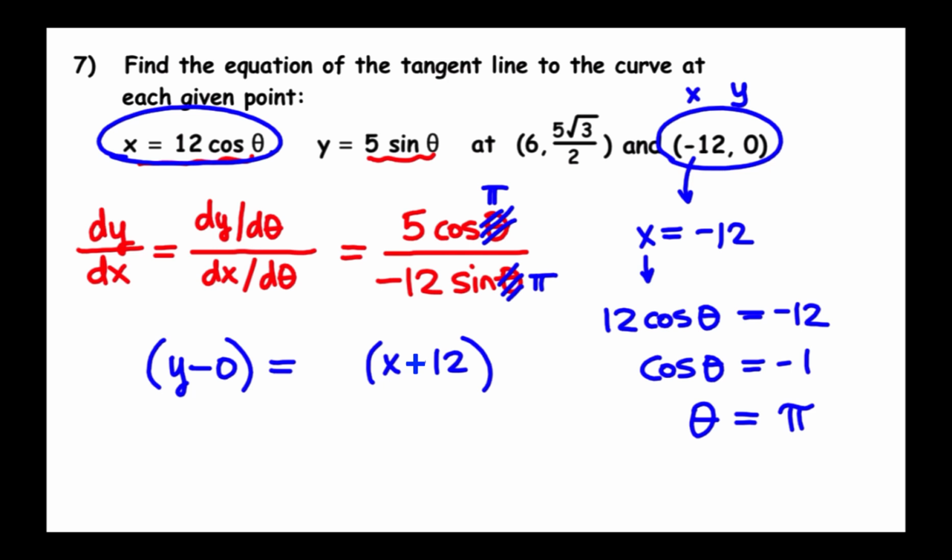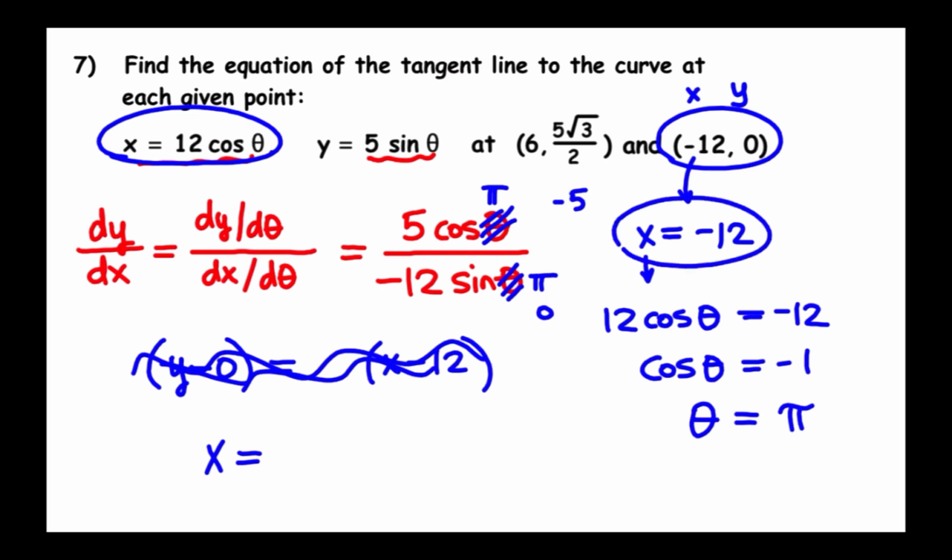Cosine of pi is negative 1, so that's going to be negative 5. The denominator, I have negative 12 sine of pi. That's 0. Uh-oh. Negative 5 divided by 0 is undefined, which means this is a vertical line, which means I got to bail out of my point slope form altogether. And so the line is simply going to be x equals something. And I already know that x equals negative 12, and that is the tangent line. So that is one answer.